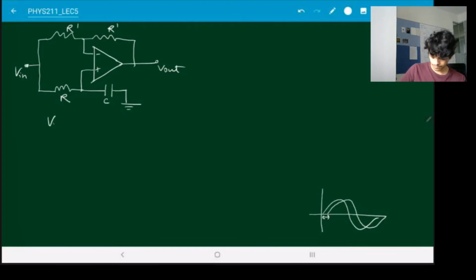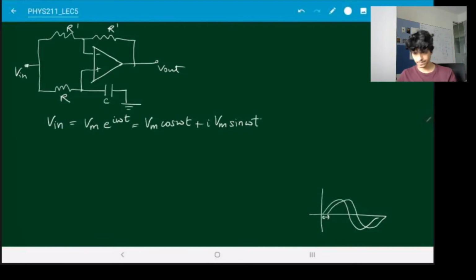So V in, I'm going to say, is some V max e to the i omega t, or V max cosine omega t plus i V max sine omega t. So this is my input signal.